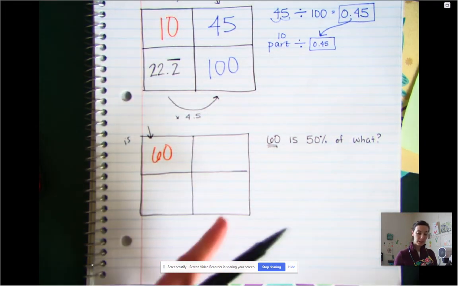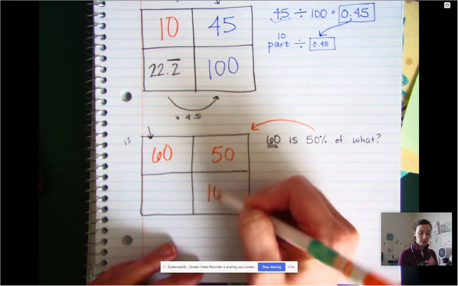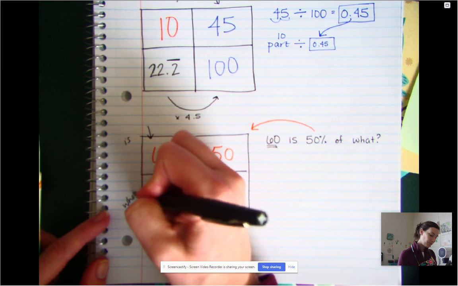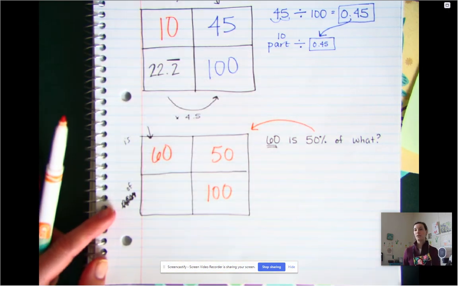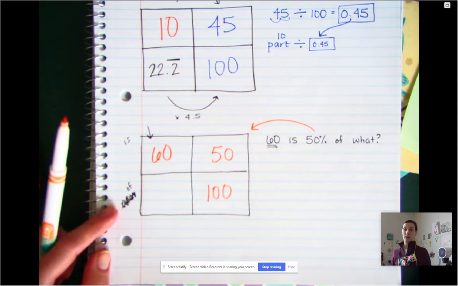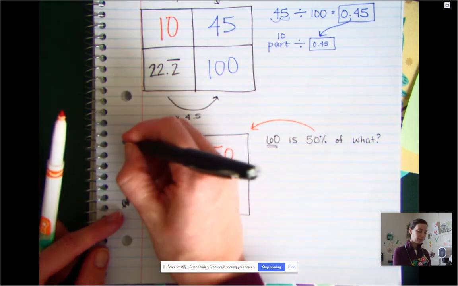Is 50%, here my percentage goes, 50 over 100 of what? Sorry, I meant to write of. Whatever comes after of is my whole. So if it says of what, that means I don't know what is. If it says of 50, then 50 would go right here.